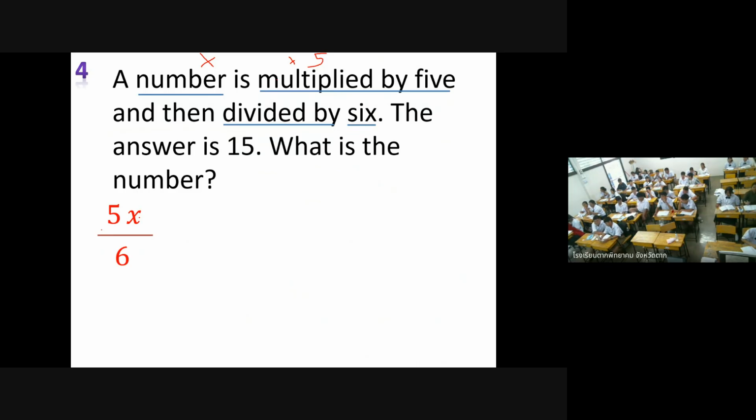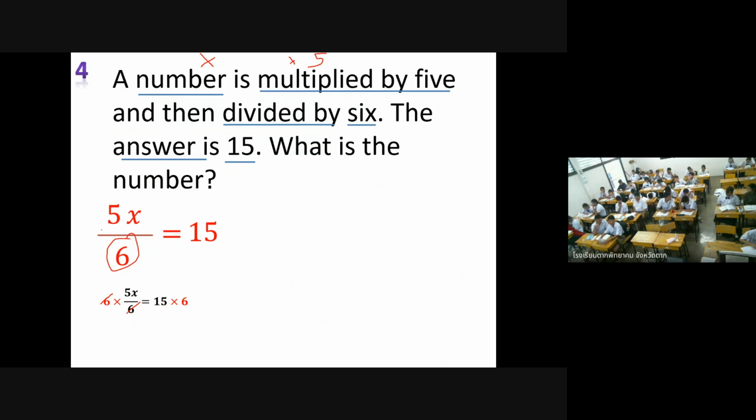The answer is 15. So 5x over 6 equals 15. If we don't need this denominator, we just multiply everything by the denominator.